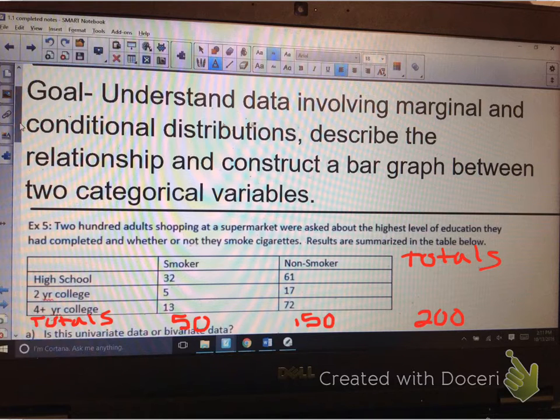Number of high schoolers is 32 plus 61, which is 93. The number of 2-year college is 5 plus 17, which is 22. And I'm running out of room here, I apologize. Then we get 13 plus 72 for 4 years, and that's 85. And that should give you a grand total of 200 as well.